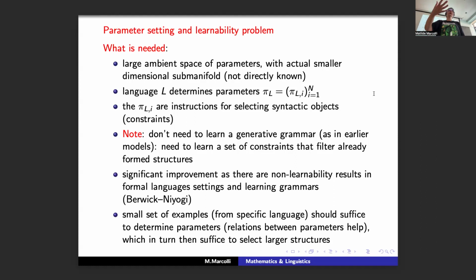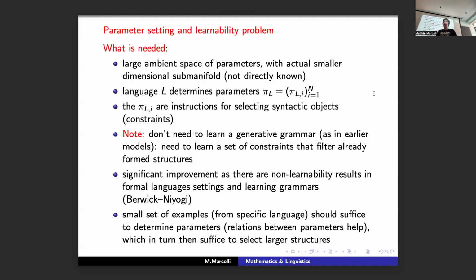On the basis of examples, you would have some kind of dynamical system in a space that parameterizes the possible grammars, converging to a particular grammar as its fixed point, and that would be the learned production of the actual language.